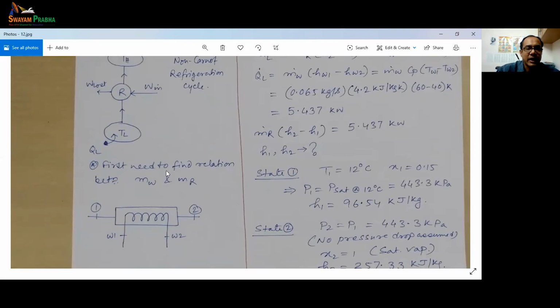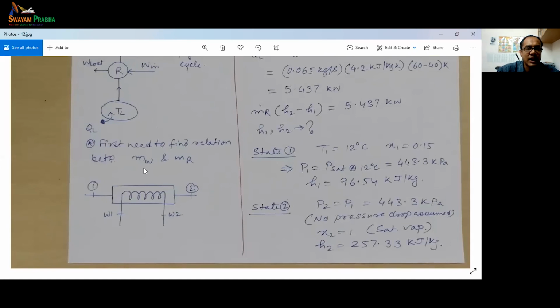So what we need to find here, the relationship between these mass flow rates m dot W and m dot R. So if you just look at the evaporator, this 1 and 2, these are the state of the refrigerant, and this W1 and W2, these are the state of the water at inlet W1 and at outlet, which is W2.